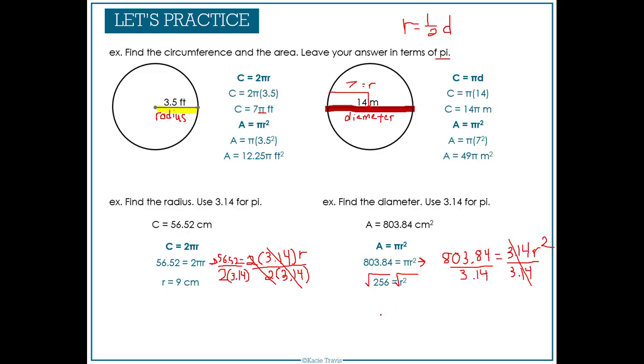The square root of 256 gives me 16 for my radius. But are we done? Nah, they want the diameter. If you don't remember, the diameter is equal to 2 of our radiuses. So 2 times our radius here is 32. Nice and easy, people.